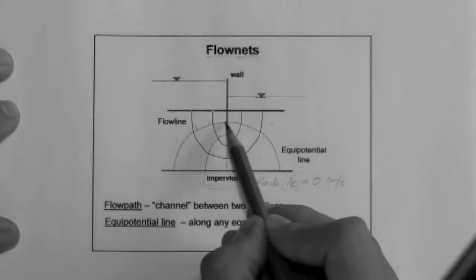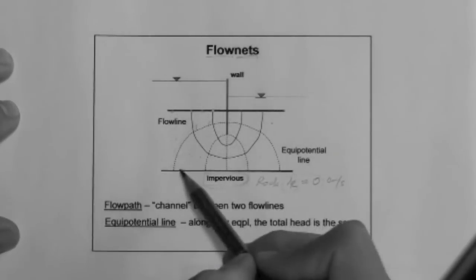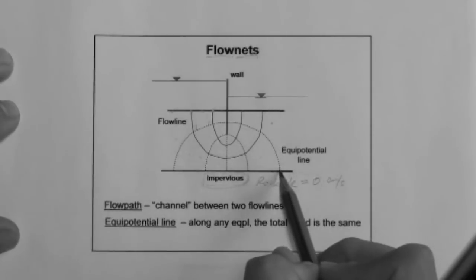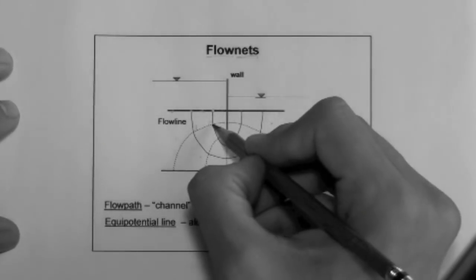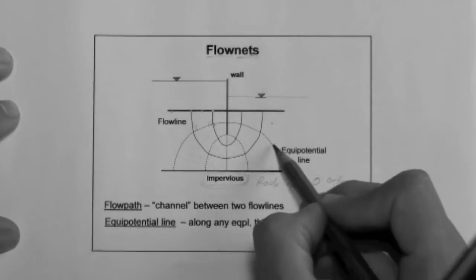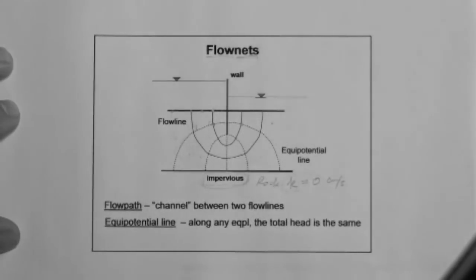If we believe that this is an equipotential line, then by definition the total head along this line is the same. Therefore, that means that this point, which is on this so-called equipotential line, and this point have the same head.